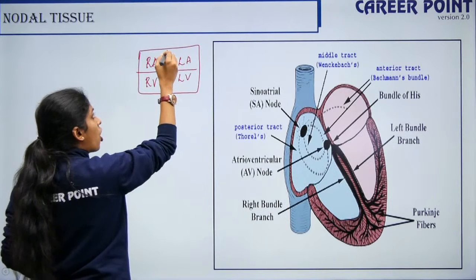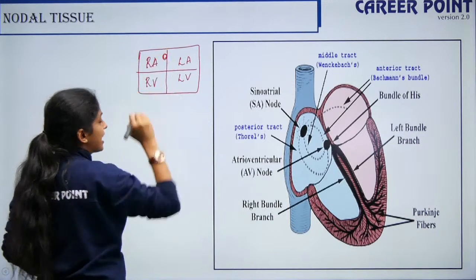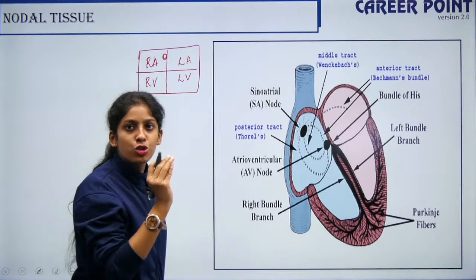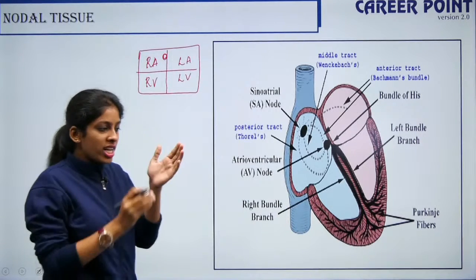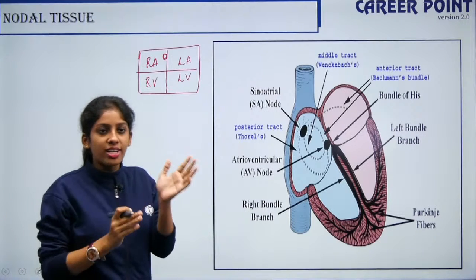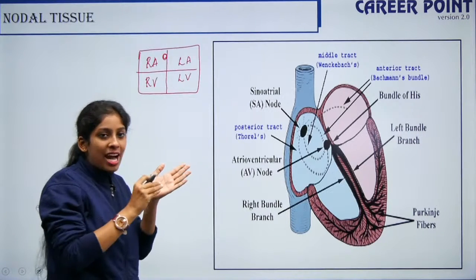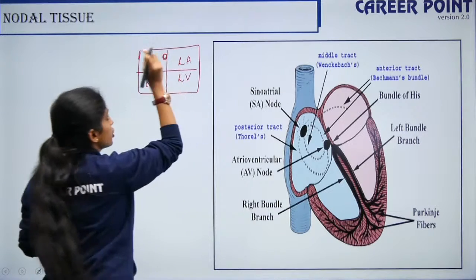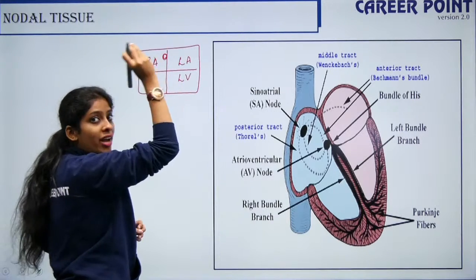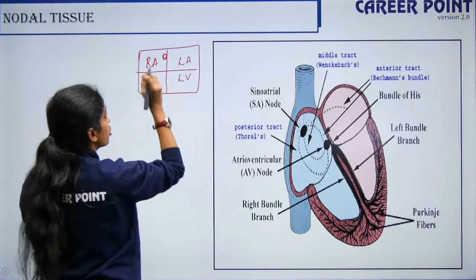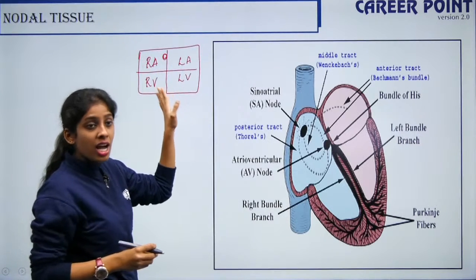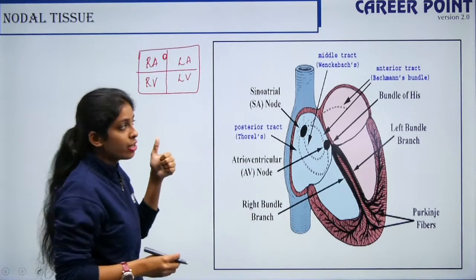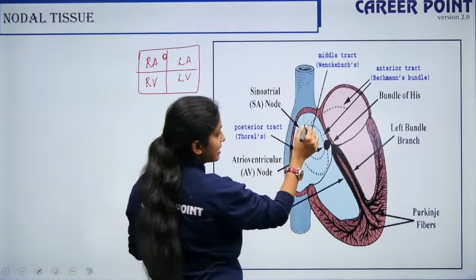Towards the left corner of the right atria, there is a small patch of nodal tissue. A node is a small patch, okay? So I have a patch-like tissue that is called a nodal tissue. This tissue that is present towards the upper left corner of the right atria is called the SA node. If you can see, it is exactly here.